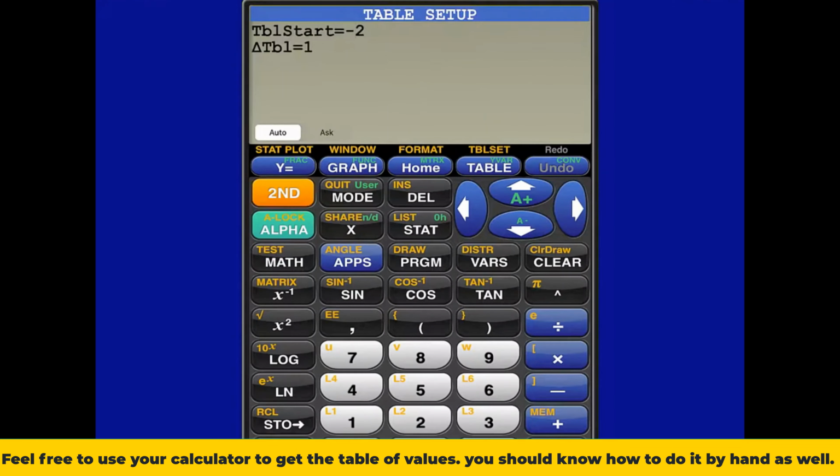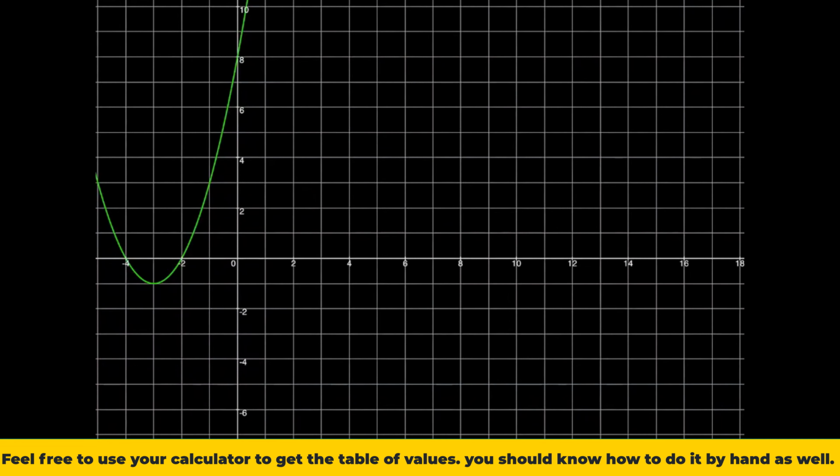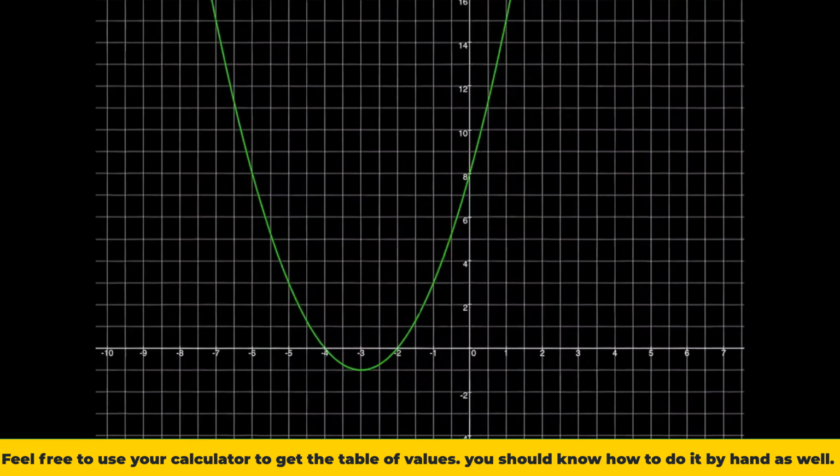Oh, I know why, let's go back, sorry. Okay, so you go back to table. I don't know if you guys recognize just what happened. It has all the answers. Whoa, the calculator already has it. And if you just press graph, watch this. Whoa, that's the graph that we graphed.